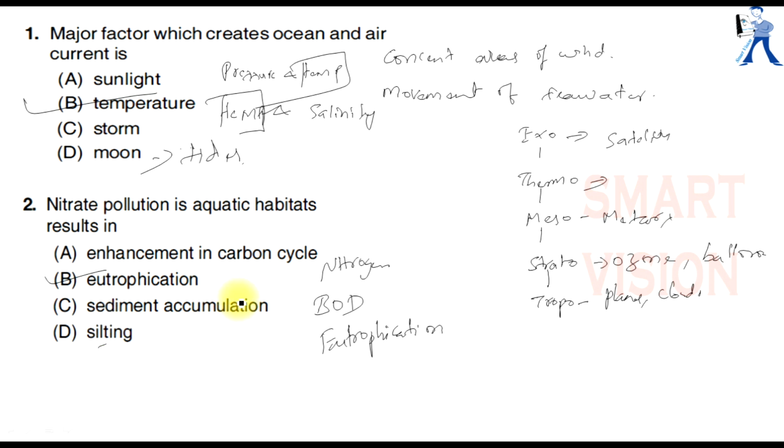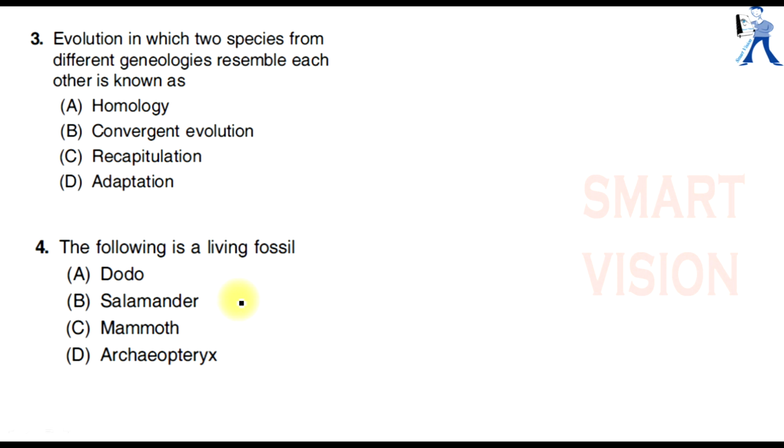Next question: evolution in which two species from different genealogies resemble each other is known as. What is it asking?